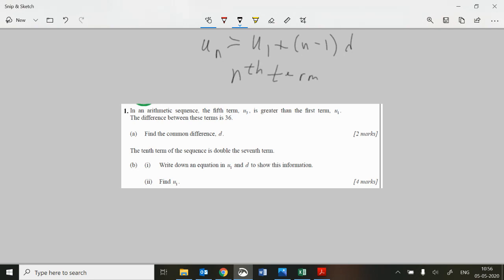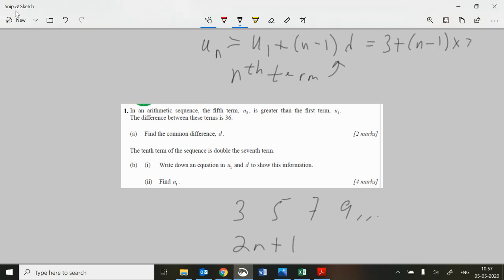So for example, let's just do one quickly, if we had 3, 5, 7, 9, and so on, then we know that the nth term here is the 2 times table plus 1. Now, if you use this formula above, you will get 3, which is U1, sometimes we call U1 a, plus (n minus 1) lots of d, and the common difference here is 2.